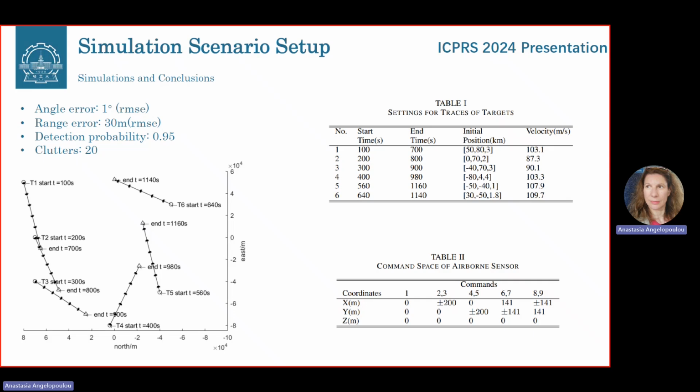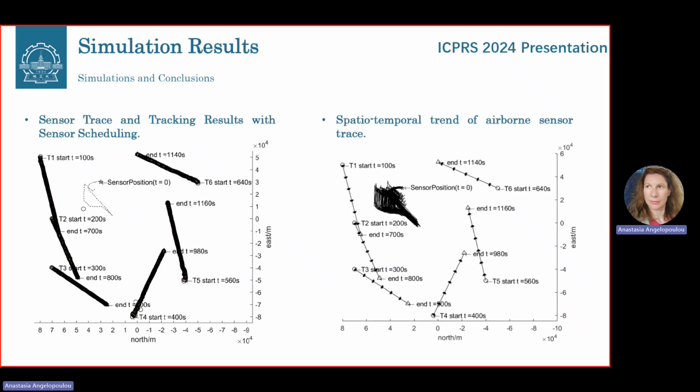Then we can see the multi-target tracking method we use in this simulation behaves well, and sensor position can be changed as the simulation time goes. We can also see the spatial temporal trend of the sensor trace in the 100 Monte Carlo range, which shows the repeatability of this method.